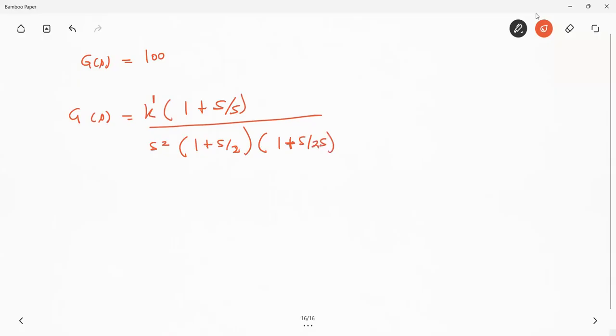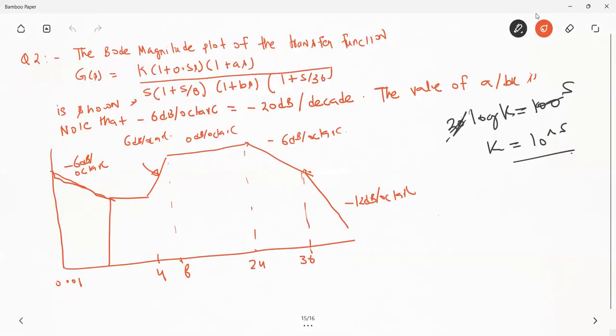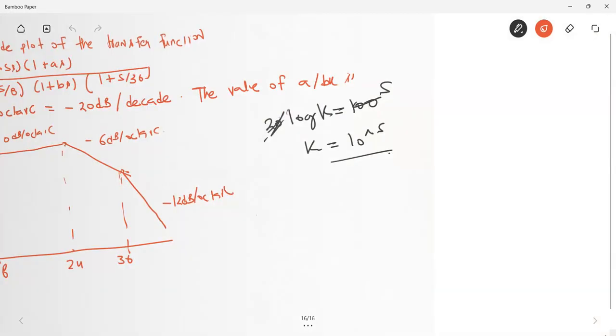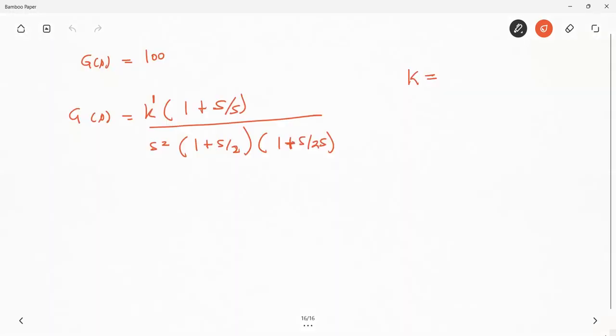This is your k dash, whereas your k value is equal to this. That function is what I explained to you in the first page, in the beginning. This is based upon that concept only, so you need to practice a lot. See that first page when I started the frequency domain analysis, when we started the transfer function form. This is of this particular nature.